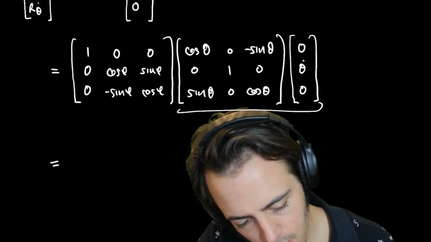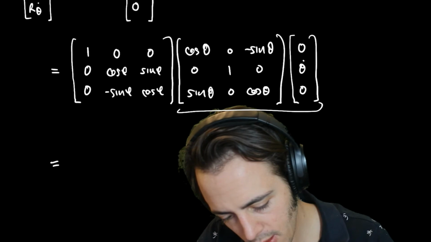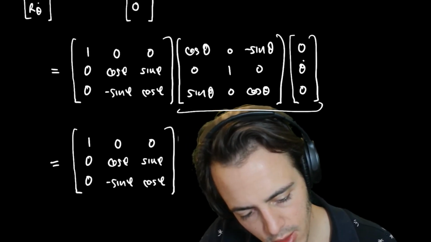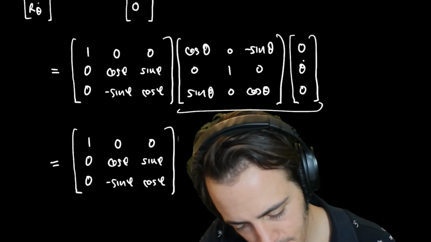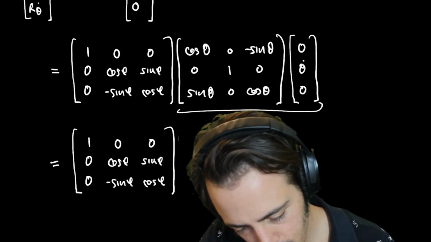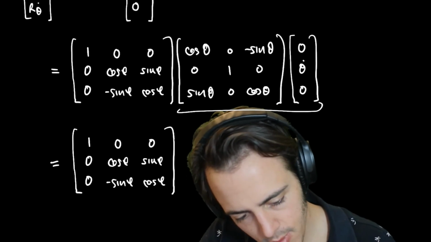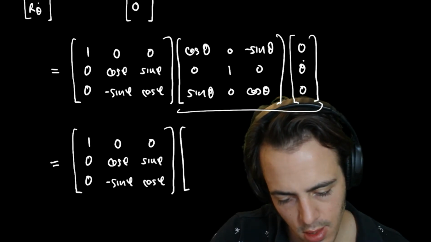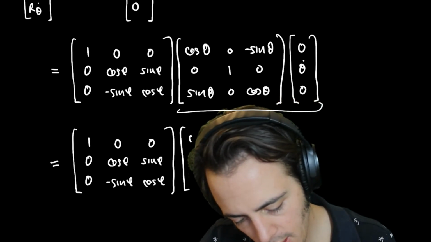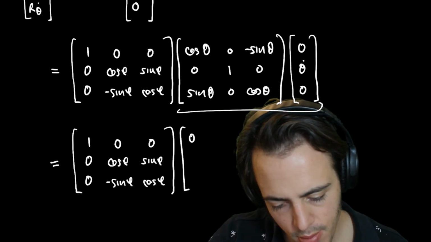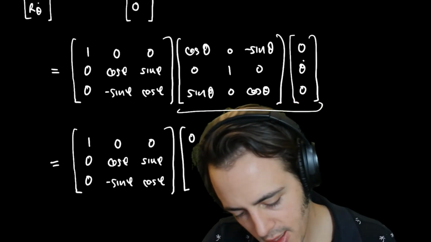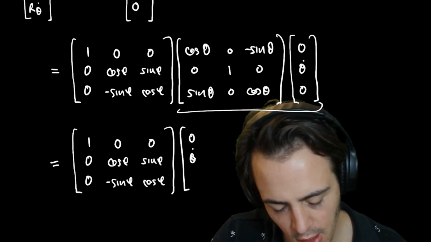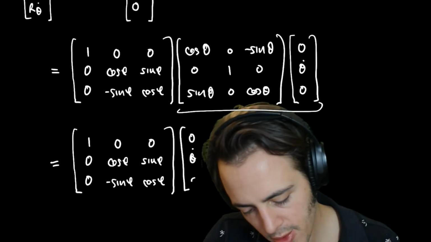Let's copy down this matrix because I don't want to write it down again. If I do the multiplication here, we're going to end up with nothing in our first row. Then 0 multiplied by 0, 1 multiplied by theta dot, and nothing multiplied by theta dot, and then sine theta 0, 0 multiplied by theta dot, cosine multiplied by 0.